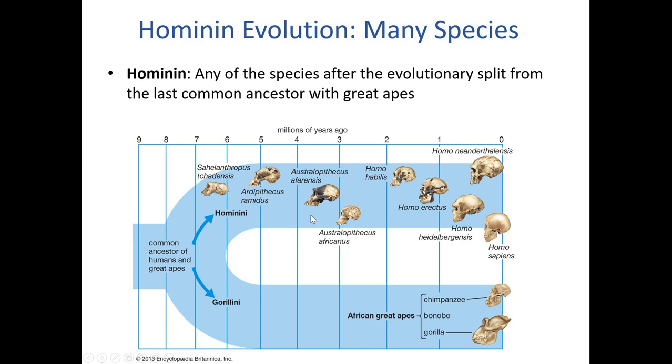Some of the genuses within this timeline, we have Australopithecus, which we just talked about, Lucy, Australopithecus afarensis, and then we have the Homo genus, of course, which is our relatives like Homo neanderthalensis, which are Neanderthals, and Homo erectus, and etc. So we'll talk about some of these fossils and the evidence that they provided of human evolution, and how these are kind of missing links, quote unquote, along the way from the last common ancestor to modern humans.